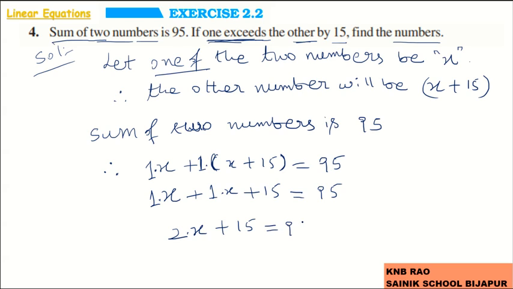On solving this, you know how to solve this one. We shall do 2x plus 15 equals 95. Therefore, plus 15 when transposed gives you 2x equals 95, which is addend, comes this side and becomes subtrahend.